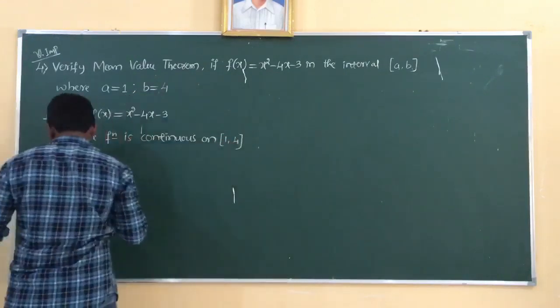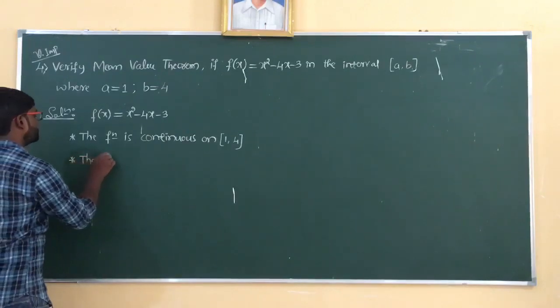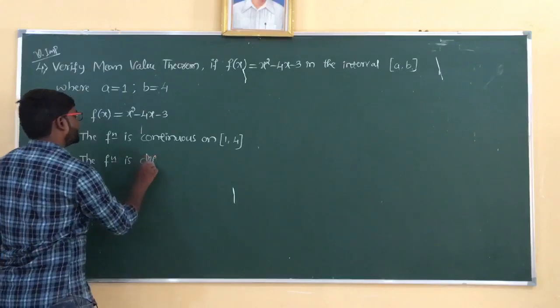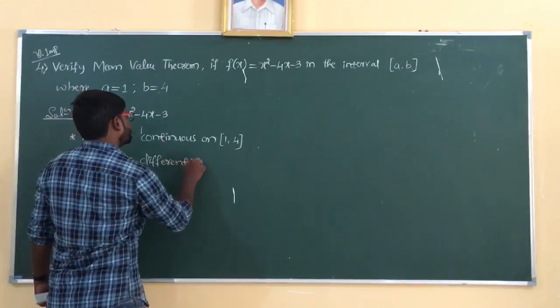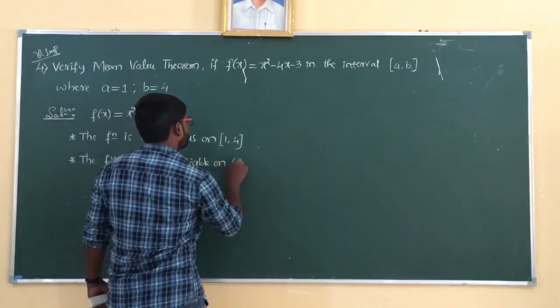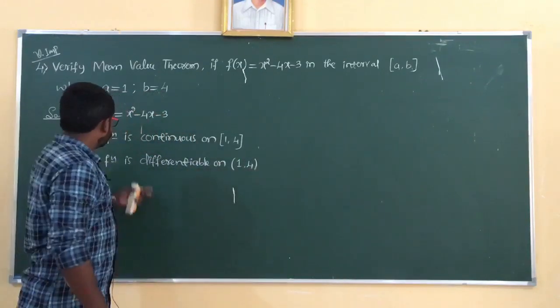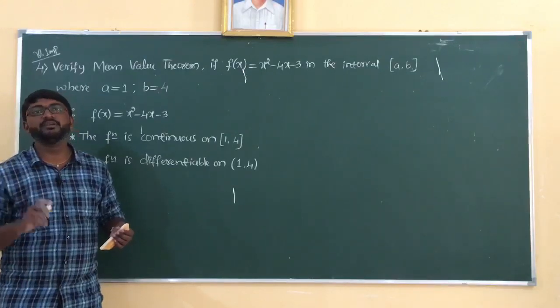Then the second point: the function is differentiable on open interval 1 comma 4. And then next we have to check f of a and f of b, both should not be equal in mean value theorem.